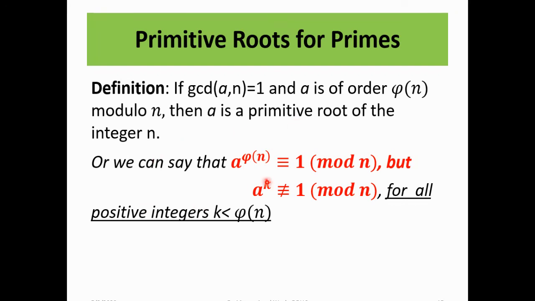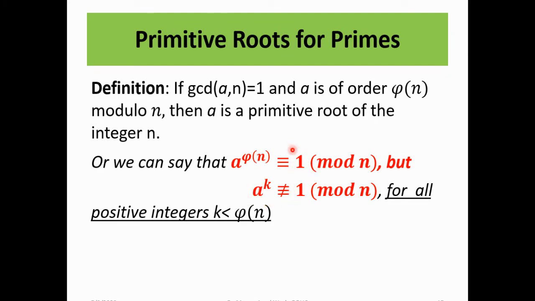Or we can say it like this: a to the power phi n is congruent to 1 modulo n, but a to the power k is not, for any k less than phi n. Because what do we know by the definition of order? Any order is the least positive integer. Here we are saying a is of order phi n, so phi n is the least positive integer giving us 1.